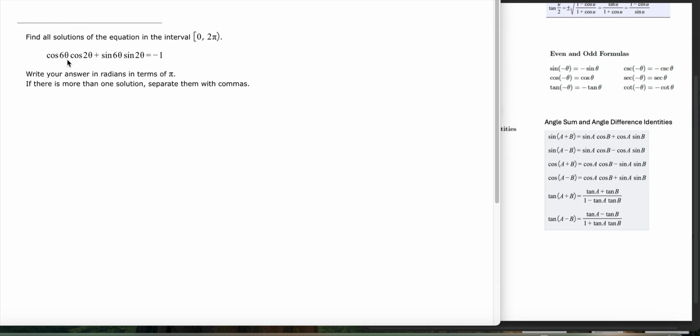So using that identity, I am going to make a substitution.